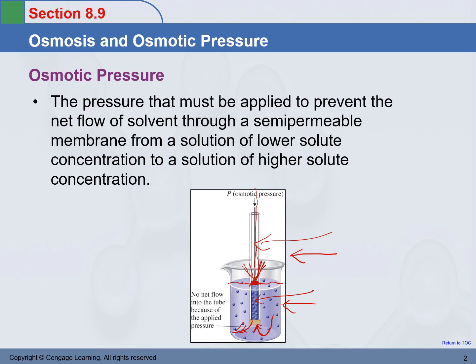Needless to say, depending on the concentration, the number of particles in the tube, the more concentrated it is, the higher pressure will be required. So osmotic pressure is related to the number of particles inside a solution. The more particles you have, the higher the osmotic pressure.